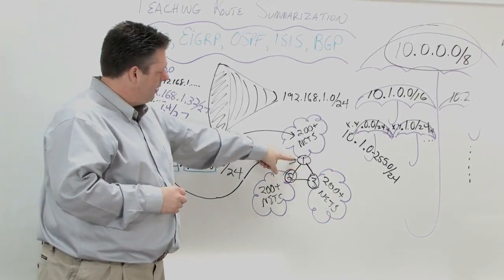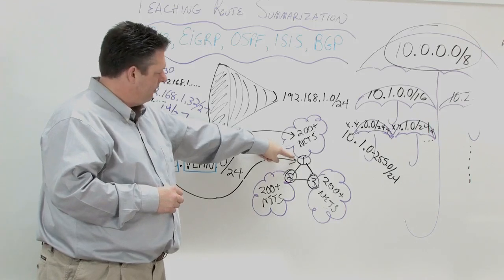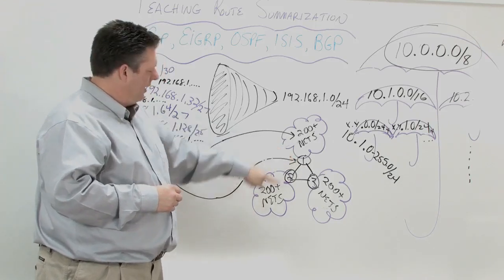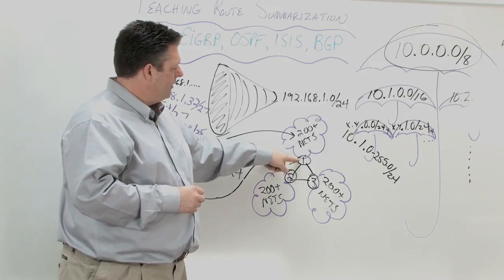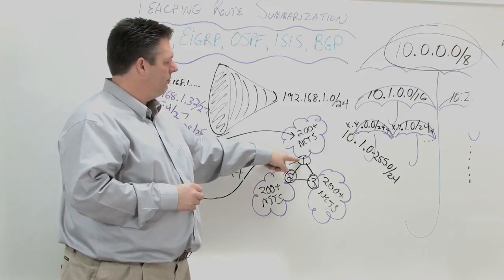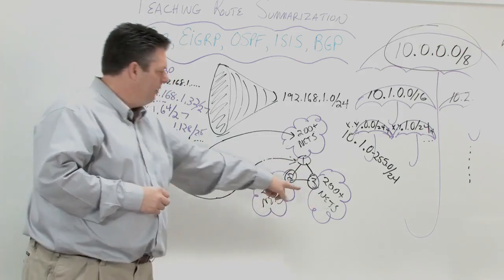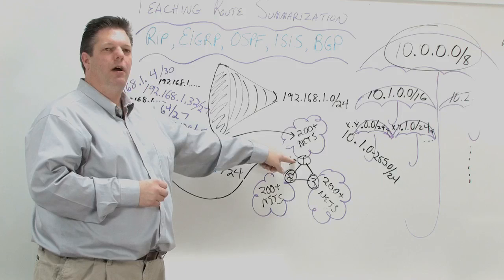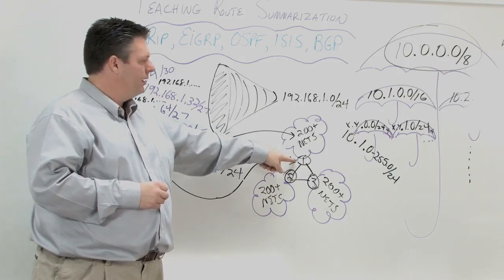And in this case, router 1 would have a prefix notation in route summarization of 10.2, and that would represent all networks here. Router 1 would have a notation for location 3 as 10.3, and that would represent all networks down here. Therefore, instead of having 500 networks identified in router 1, we only have 2 prefixes, and that's how router 1 can make its decisions.